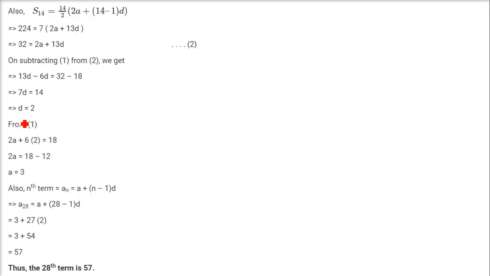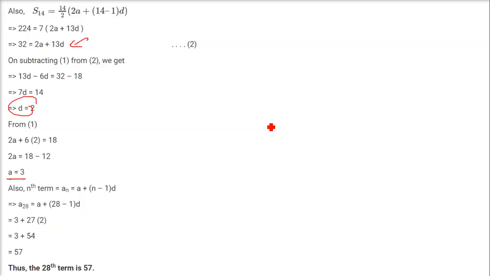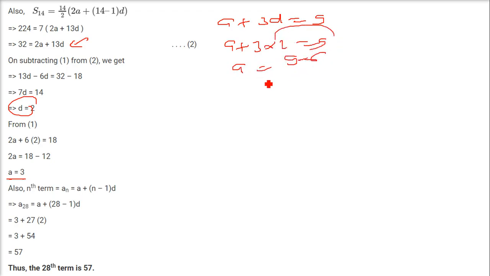So d is 2, and you can put it in either equation. Using a plus 3d equal to 9, with d equal to 2, a plus 3 into 2 equal to 9. A will be 9 minus 6, so a is 3, right?